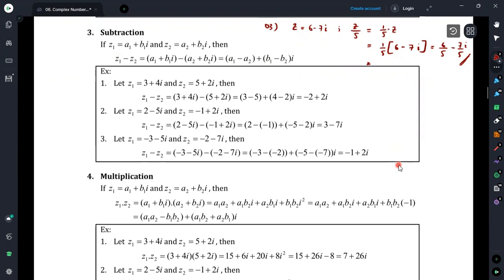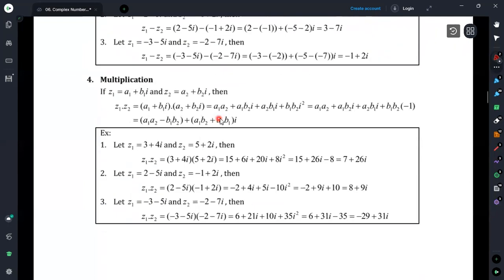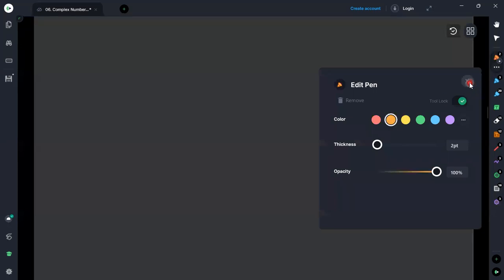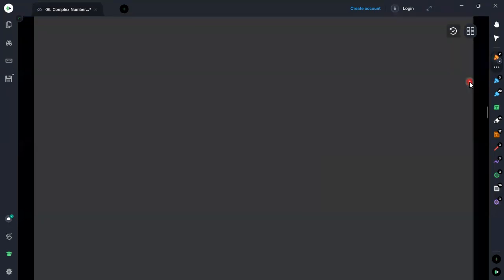Therefore, if I illustrate these examples, the first example says that if z1 equals 3 plus 4i and z2 equals 5 plus 2i. We consider the first example.